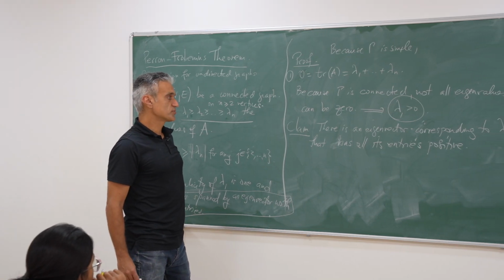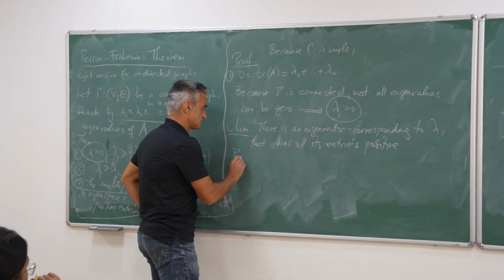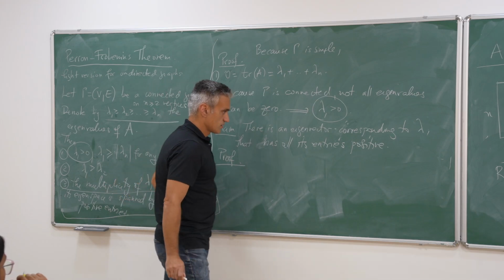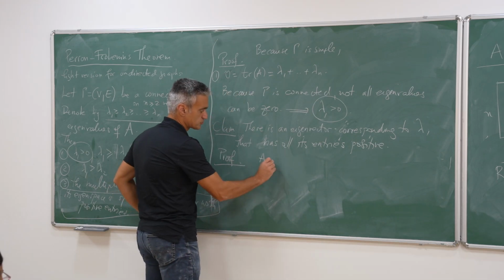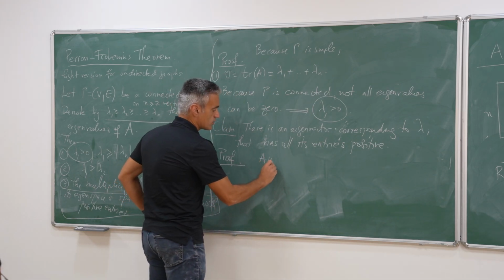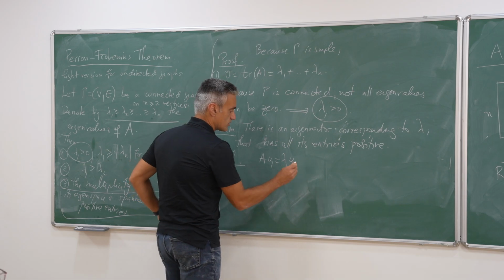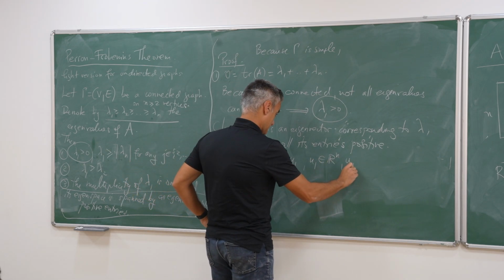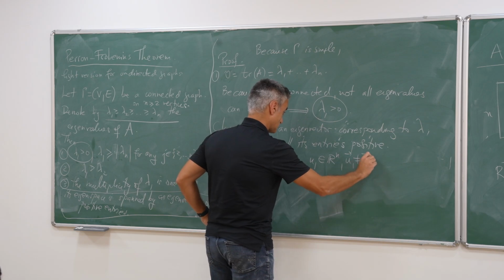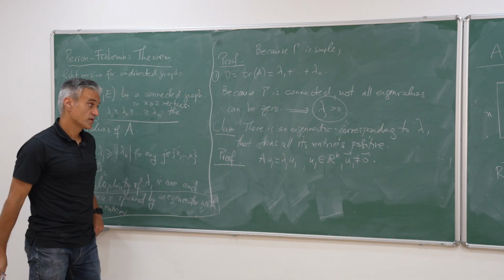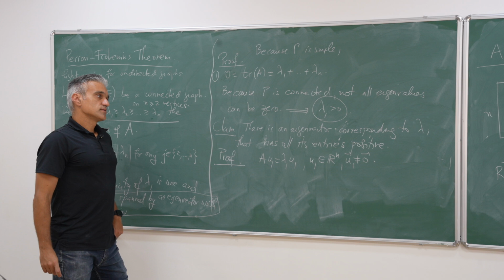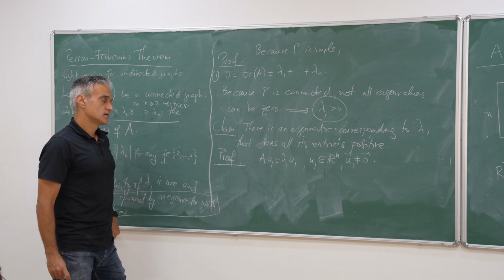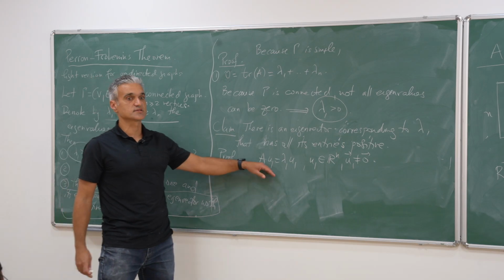Now, for this proof, what do we have? We have A u1 equals lambda 1 u1 for some u1, which is real, which is not 0. And so what guarantees that we have an eigenvector?